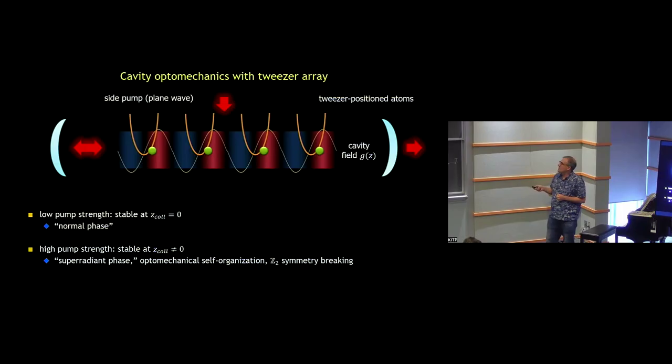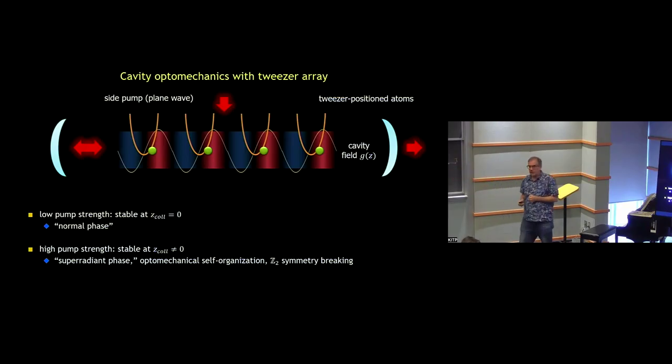So at low pump strength, the tweezer wins. The atoms all remain localized at these nodes, or their center of mass degree of freedom remains on average 0. But at high intensity, this optomechanical instability wins, and the atoms, in response to a fluctuation, would actually move irreversibly to the right or to the left.